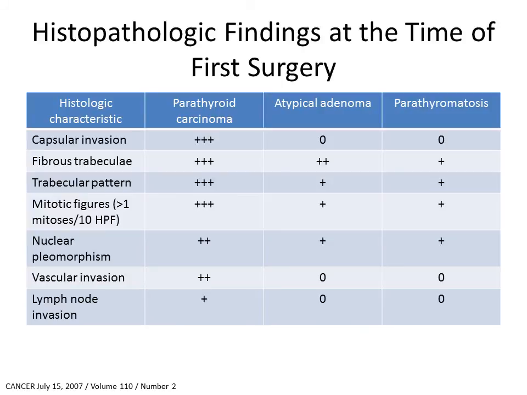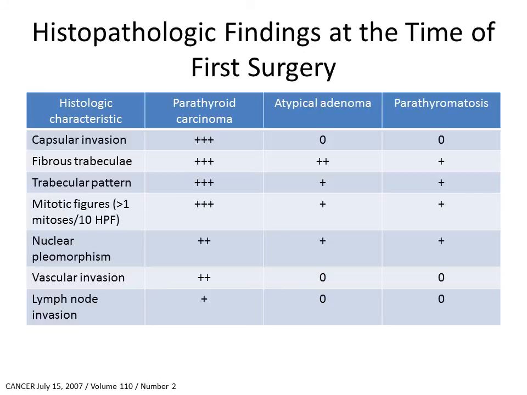So basically, the one feature that differentiates parathyroid carcinoma from the other two is the capsular invasion of the tumor. Usually, parathyroid carcinoma has thick fibrous trabeculae within the tumor.